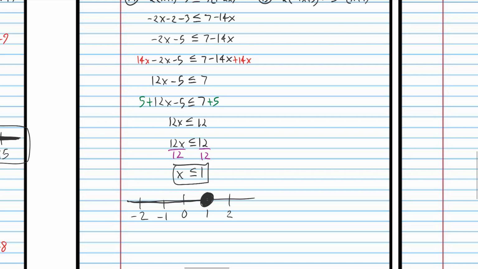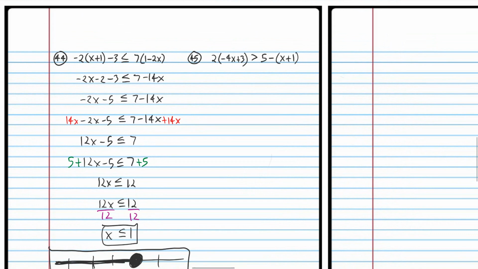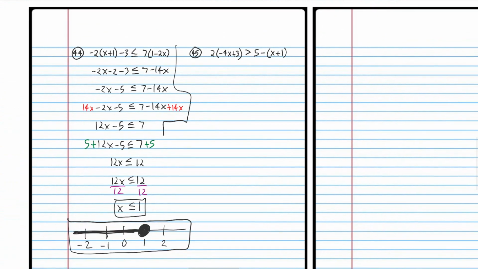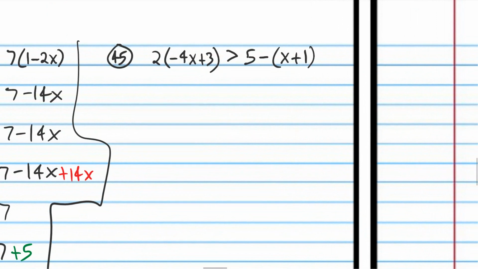And then shade in this region. All right, number 45. So again, the first step is to get rid of the parentheses, so go ahead and try number 45, and when you come back, we'll do it together.